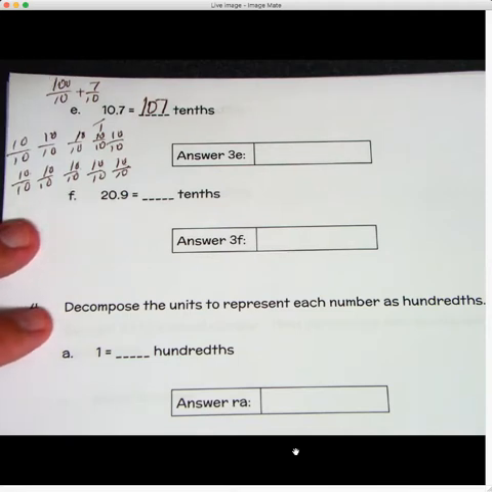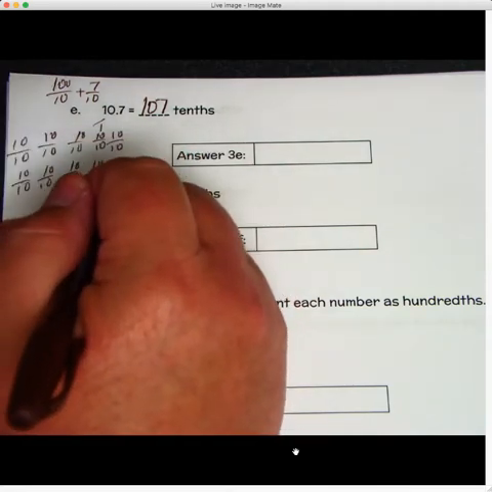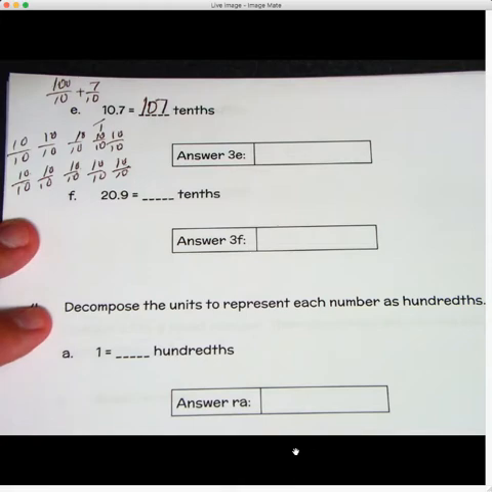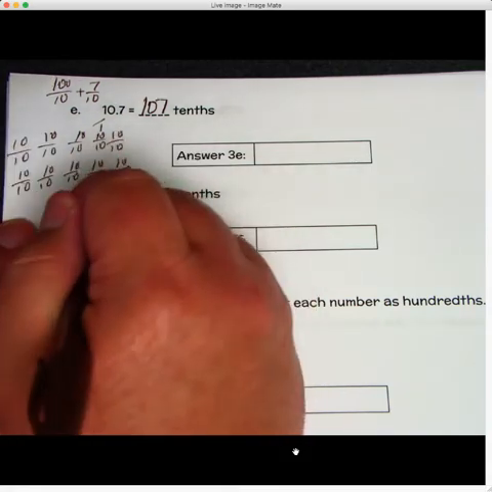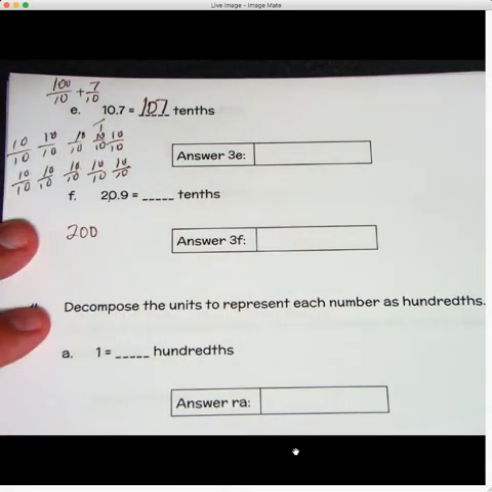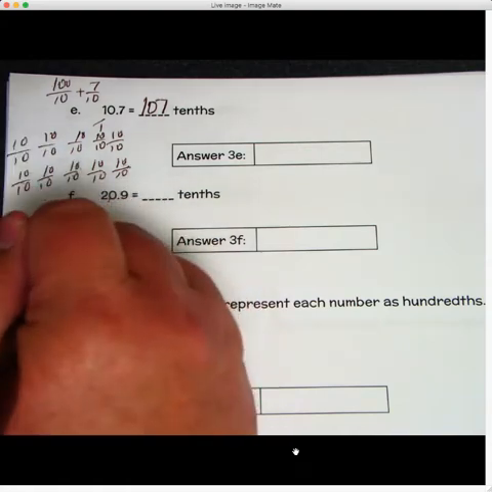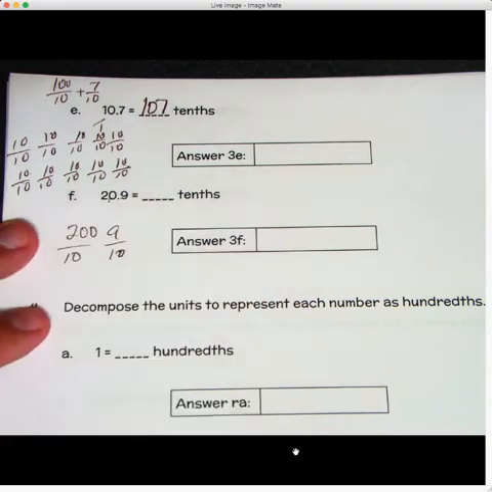20? What? I don't want to write 10/10 20 times. Well, just think 20 times 10. What would that be? Because we would have 20 tens, wouldn't we? That would be 200 tenths. And then we have 9 tenths more.